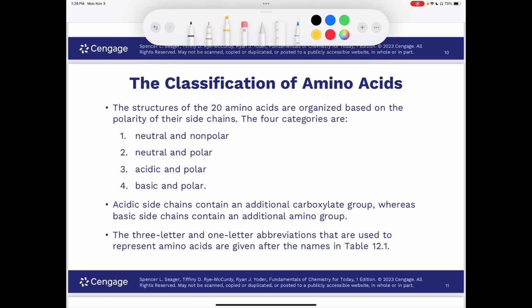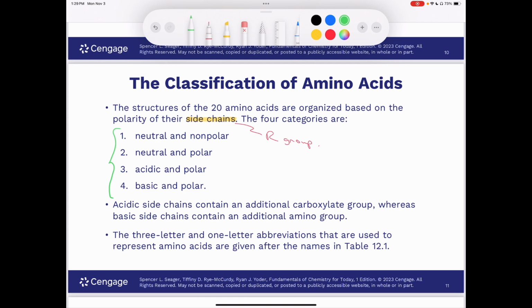And so when it comes to the 20 naturally occurring amino acids, we actually classify them based off of the polarity of their side chains. Now remember, side chain is just another way of saying the R group. So we look at the R group, and based off of the R group, we'll put them in one of these four categories. The first one is neutral and nonpolar.